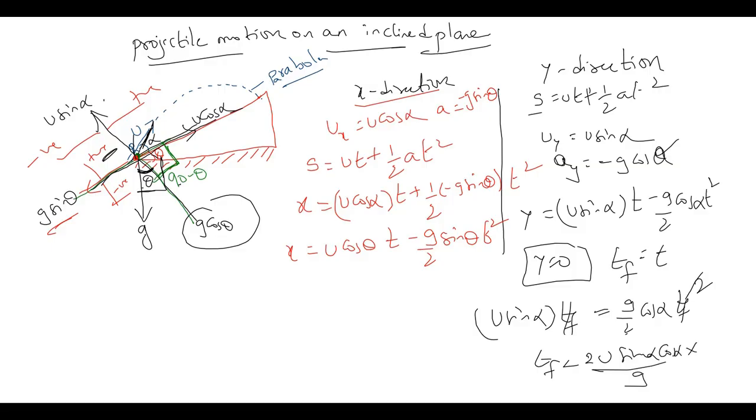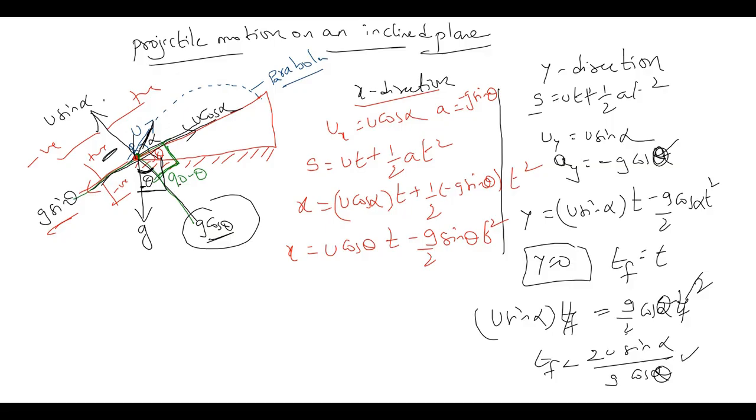Sorry, we got it wrong, it is g cos theta now, because theta is the angle here. So 2u sin alpha by g cos theta.